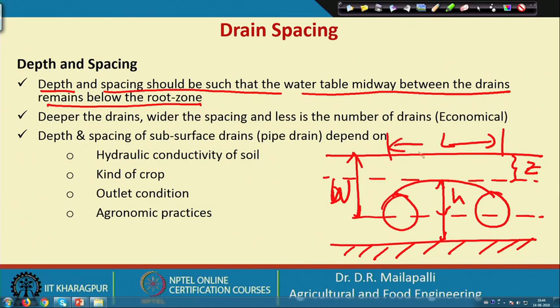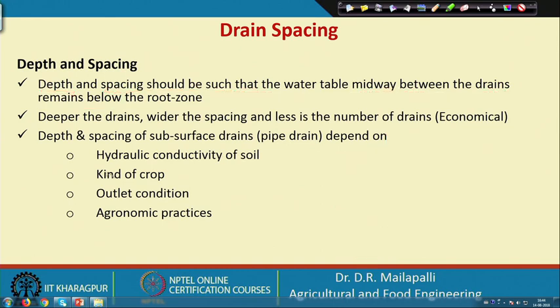this will be decided in such a way that in a day, this much area needs to be drained off. So, this is the criteria we follow. The deeper the drains, the wider the spacing and the fewer the number of drains.